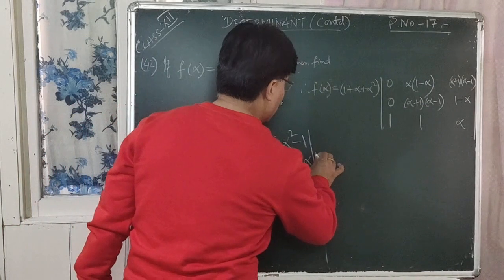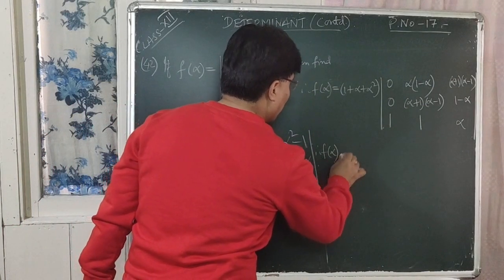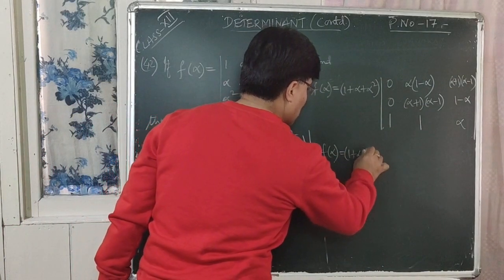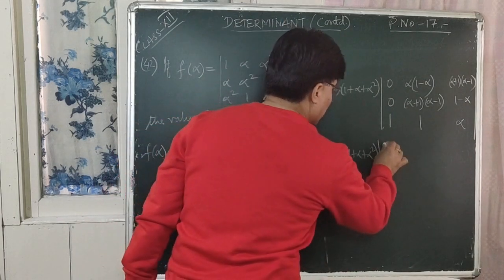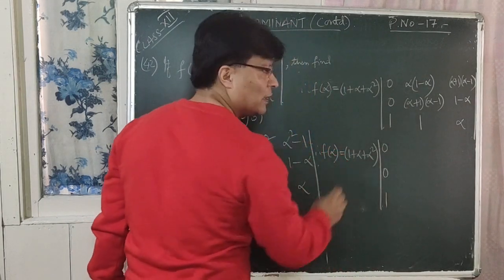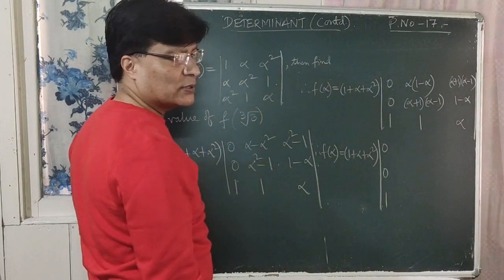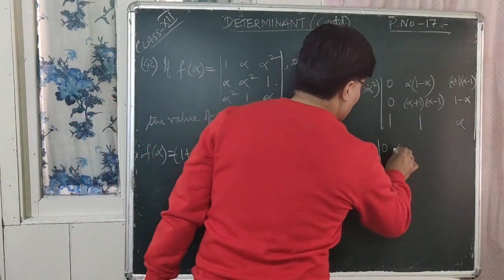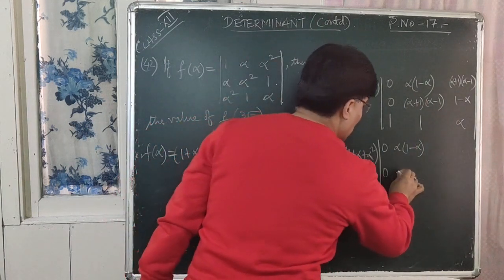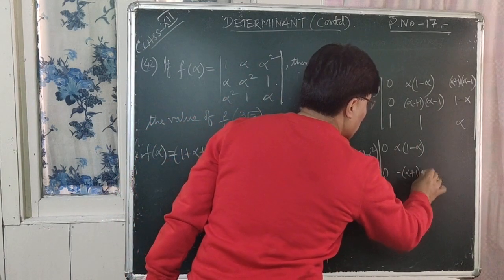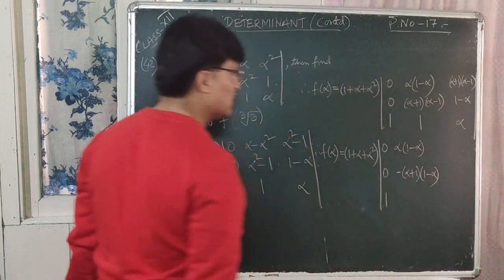So therefore, f of alpha is equal to 1 plus alpha square, right? First column remains same, 0, 0, 1. This is your second column, that is alpha into 1 minus alpha. Here minus is taken common, minus within bracket alpha plus 1 into this becomes 1 minus alpha, isn't it?